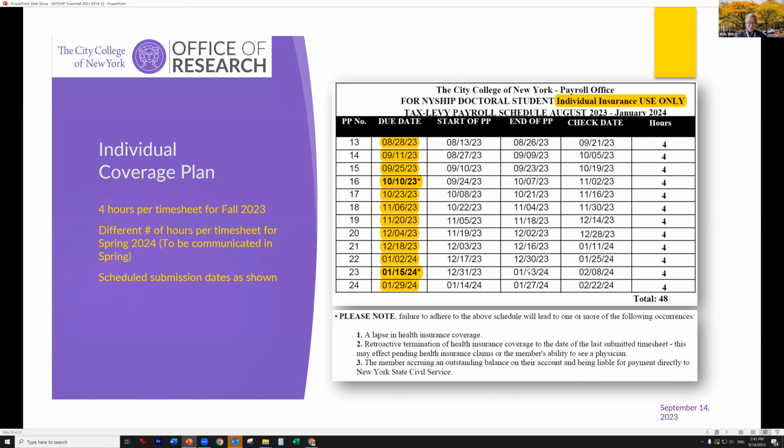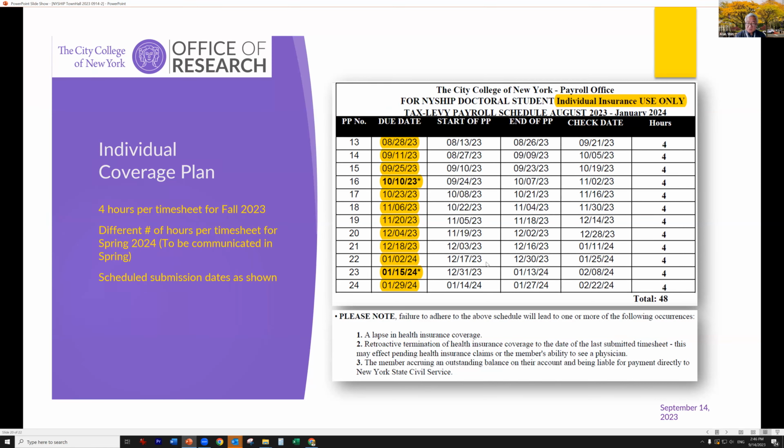And spring is a little bit complicated, and we don't necessarily need to talk about it at this point, because spring also covers the summer months by advance deduction of their premiums. So the number of hours for spring will be a little bit different in layout, but HR will issue that to the students when the time comes in spring.